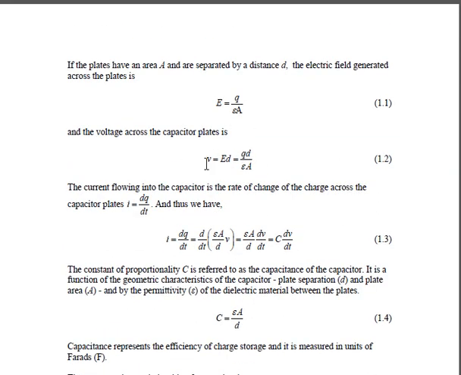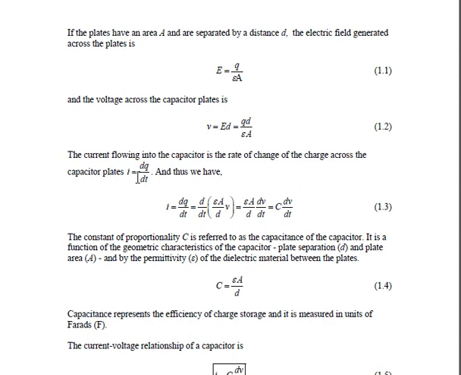Okay, so yan siya. Now, since we know that I is equal to dq over dt, we already know this one. We know that the current is the derivative of charge across a certain component, whether it is an inductor or capacitor or resistor. So it is a time derivative of q.